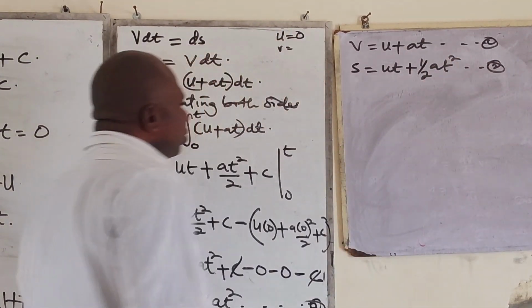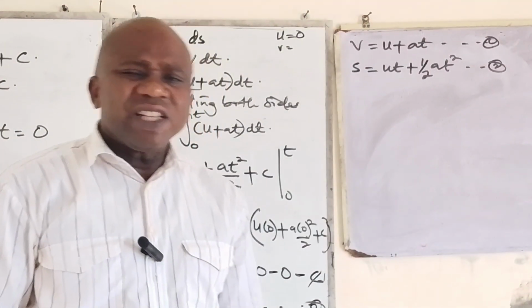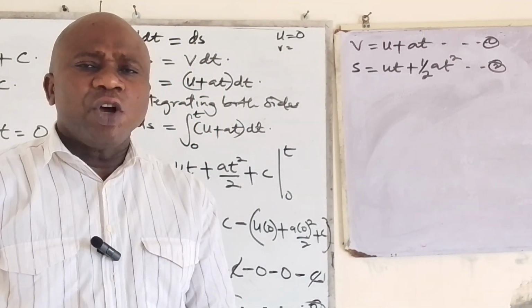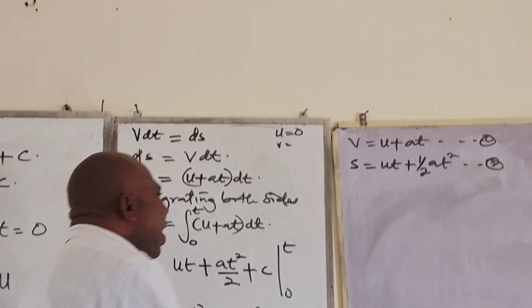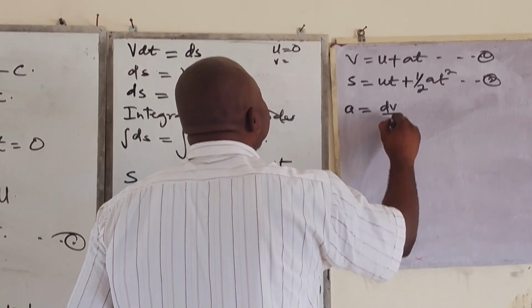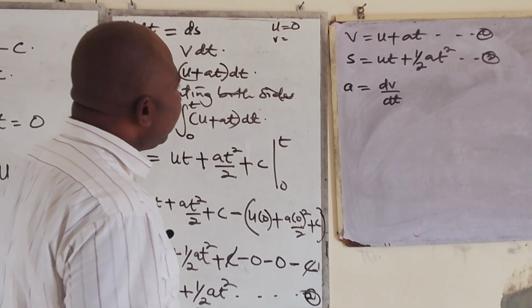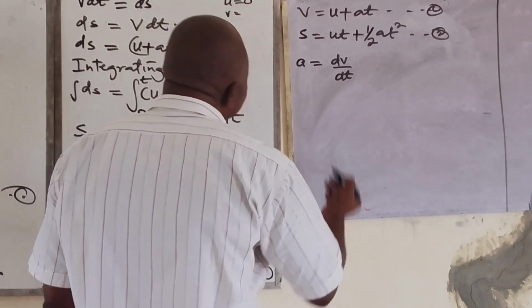Now remember from our definition of acceleration, we said acceleration is the rate of change of velocity with time. It therefore means that our a, acceleration, is dv all over dt. Now let's look at this.